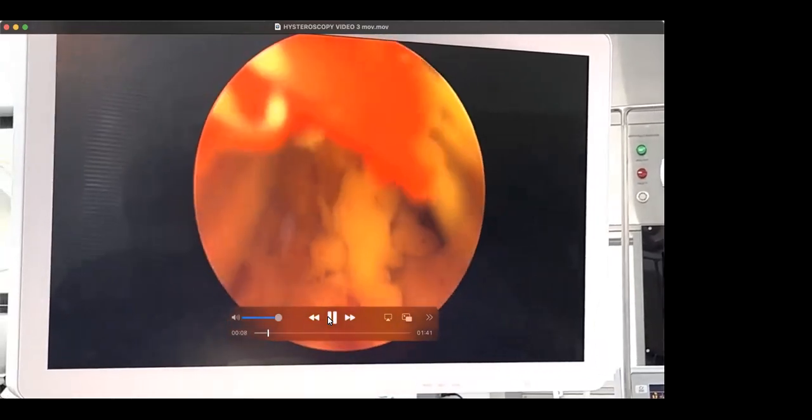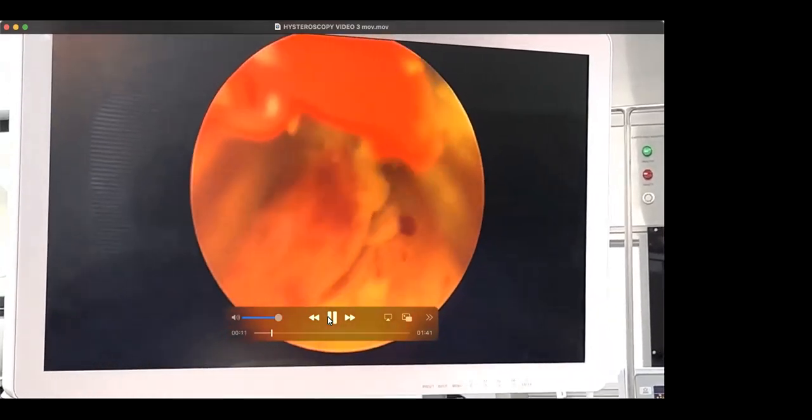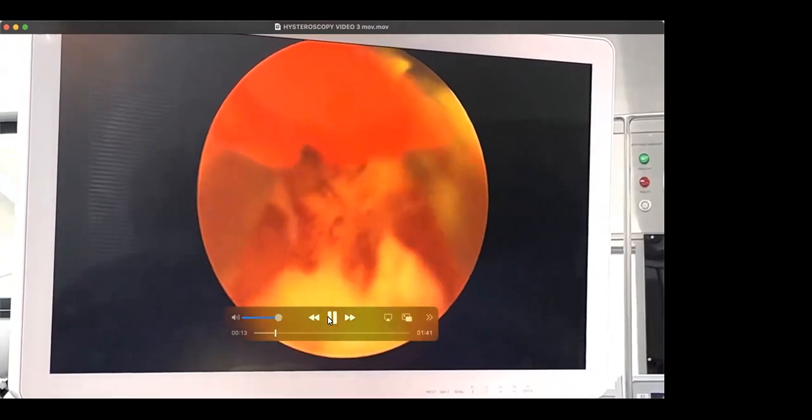It's better now. This one looks more clear. Okay, so this is the patient. I don't know if it makes sense to keep quiet.